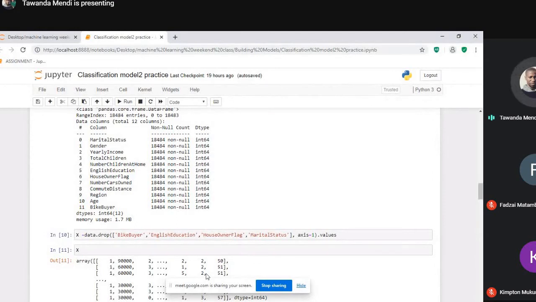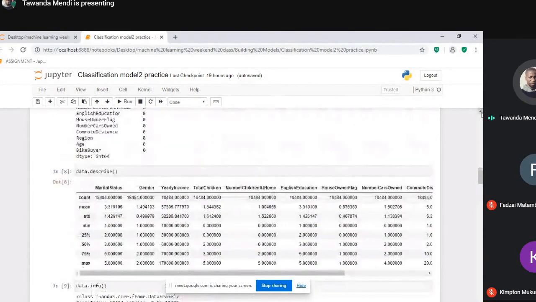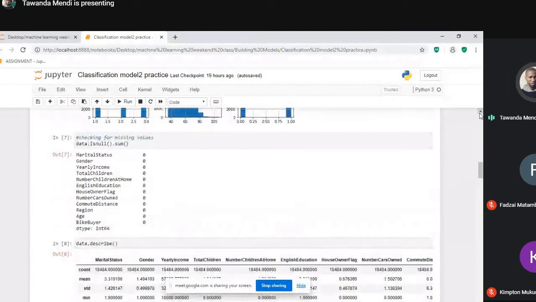The reason why, the education, the house owner, then marital status, they don't have much effect on the decision being made by the customer on whether they buy the bike or not.